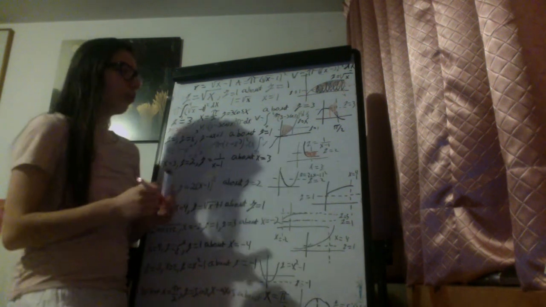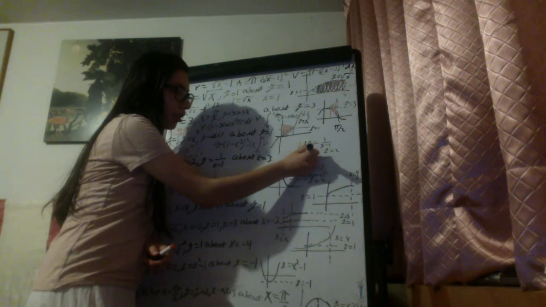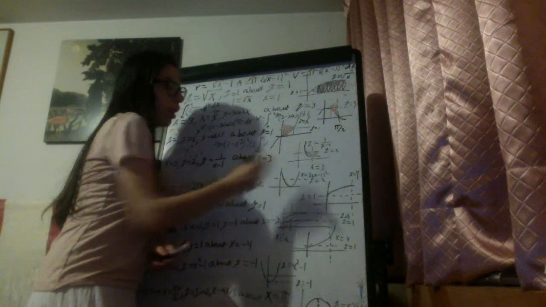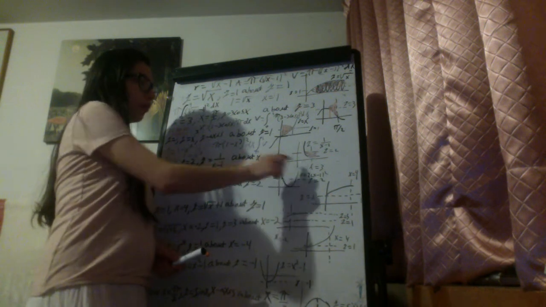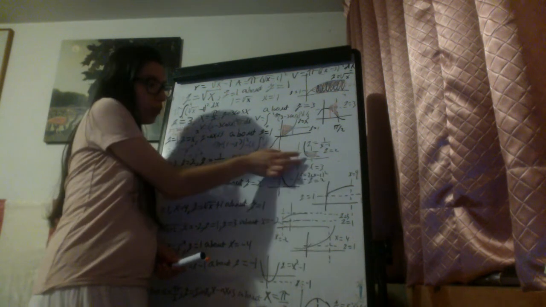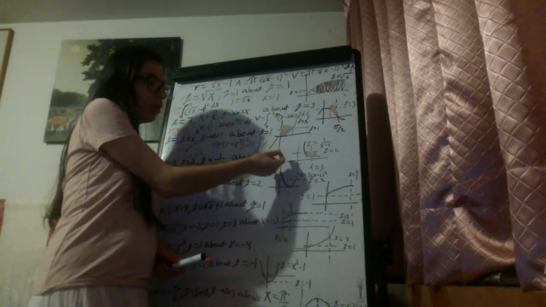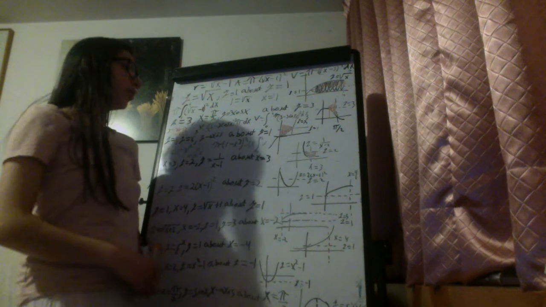So now we will do cross sections in the y direction. This will be our discs now. The volume of each disc will be pi times r squared times the thickness. Now the thickness of each disc is dy. So we need to put everything in terms of y.